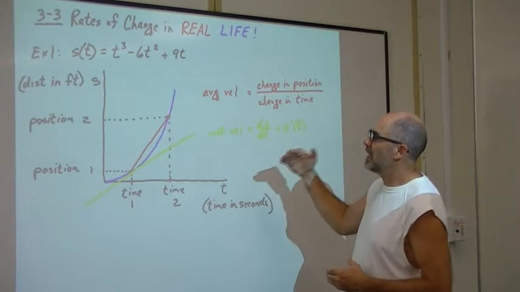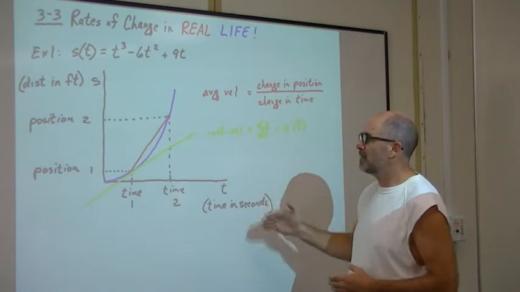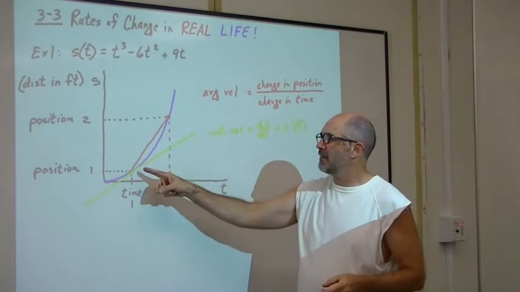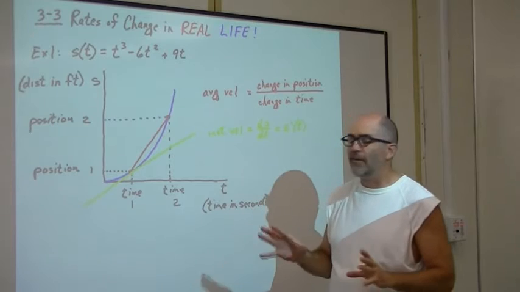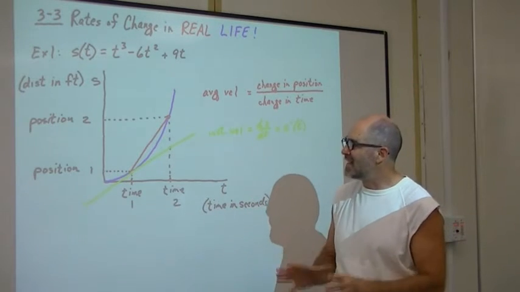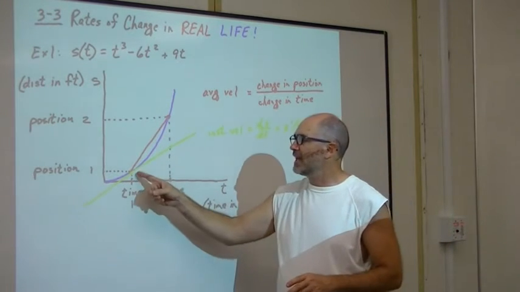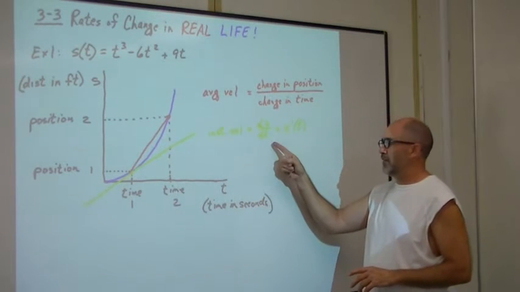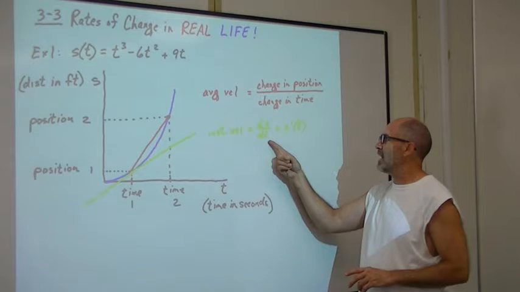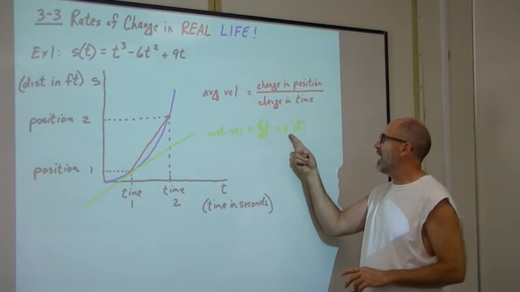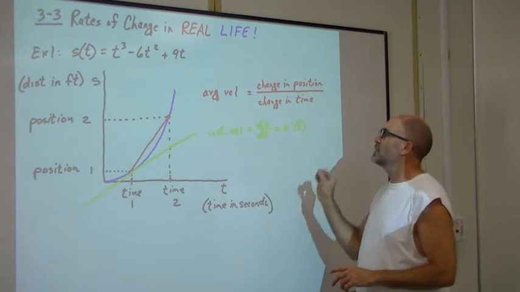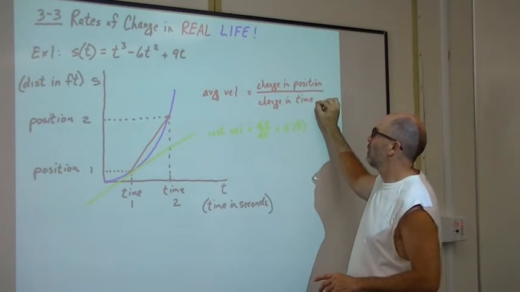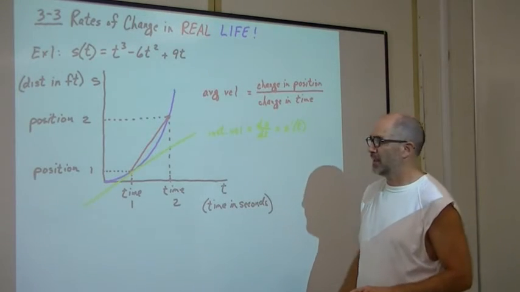Now, that would be feet divided by seconds, feet per second. That's the average velocity from position 1 to position 2. Now, what if I wanted the instantaneous velocity right here at position 1? Well, now I need the derivative of the function with respect to time, ds/dt, or s prime of t, which is the limit as delta t approaches 0 of the average velocity.